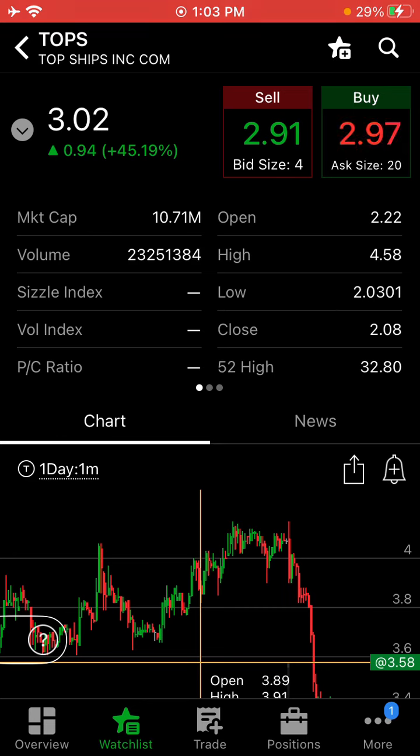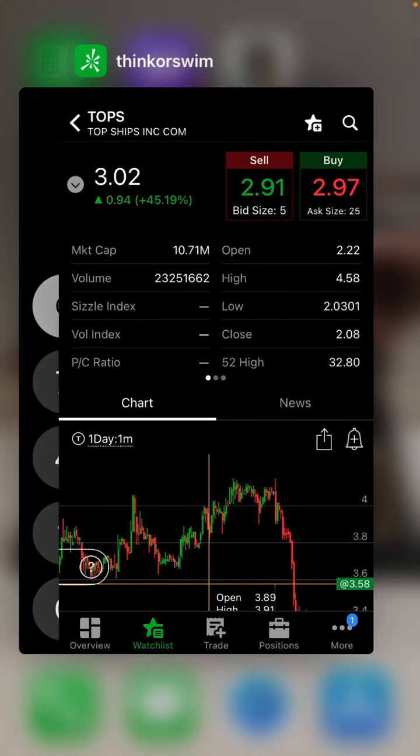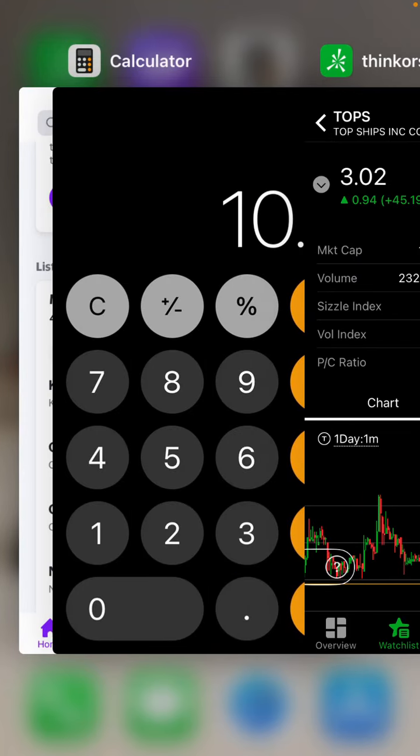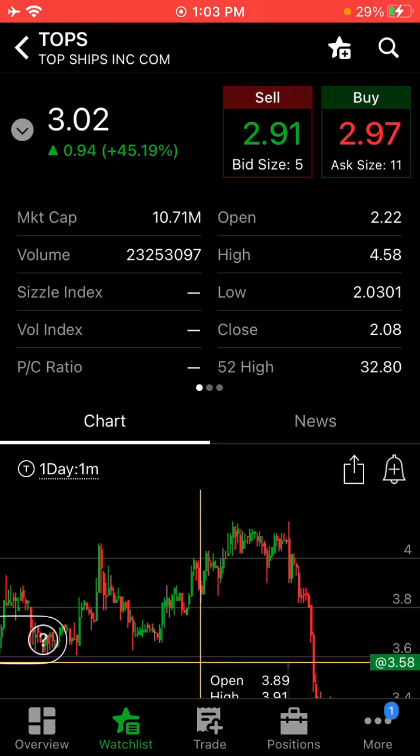But if we want a rough estimate of the float, by figuring out what the shares outstanding is based off the current price and the market cap, we know that the float is 3.5 million or less.